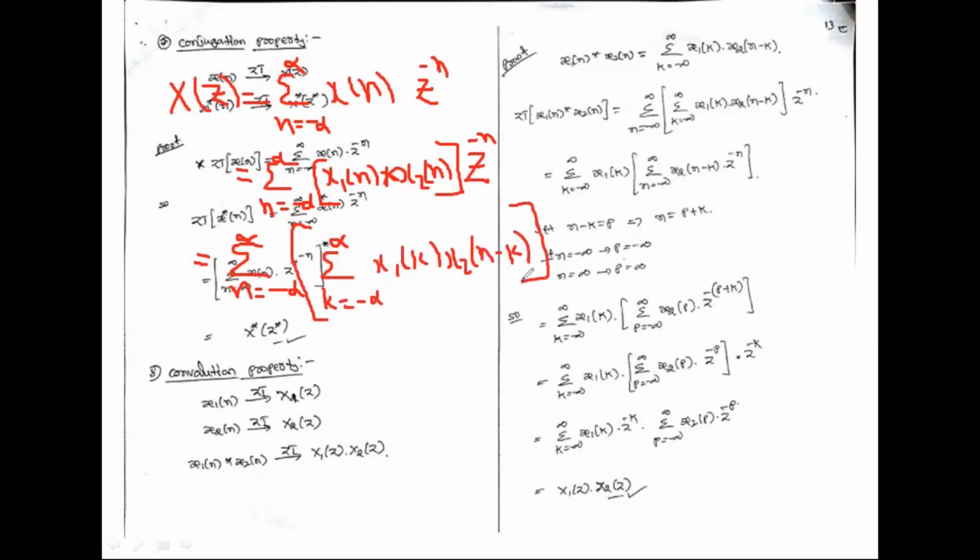This is the definition of the convolution of the two sequences, and z power minus n. Got it, my dear students?